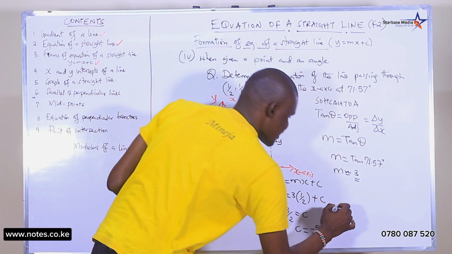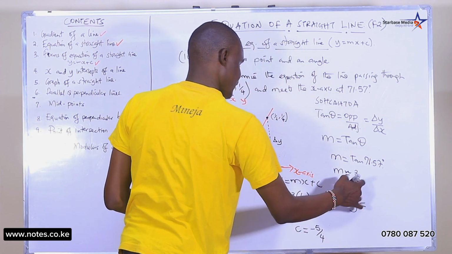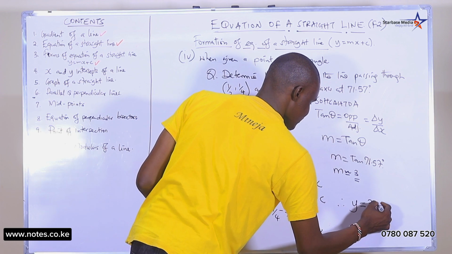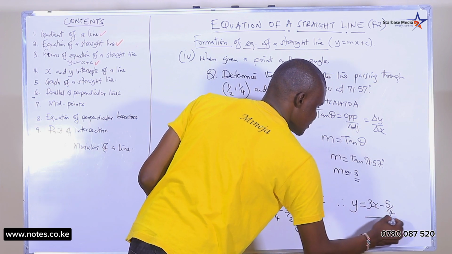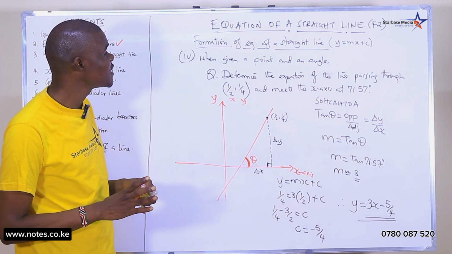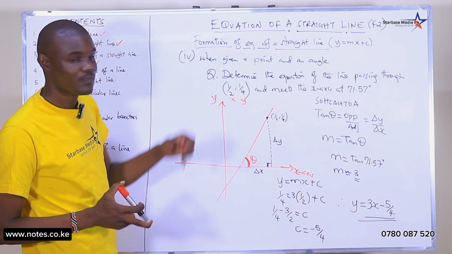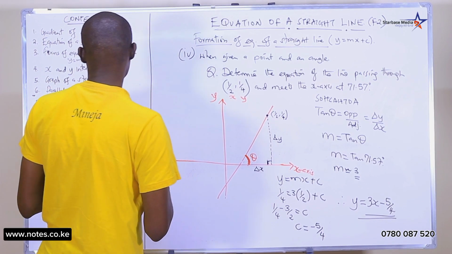So our equation therefore is y equals 3x minus 5 over 4. Simple. So I think we are done with the various ways in which we can form the equations of a straight line. We are done with that.